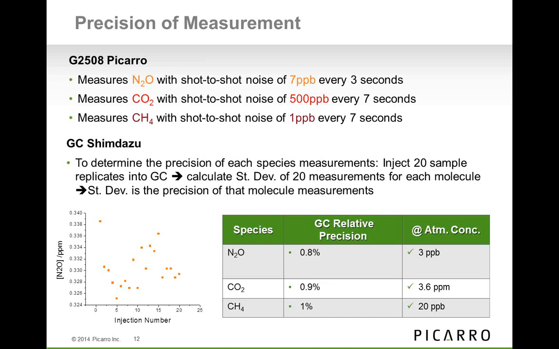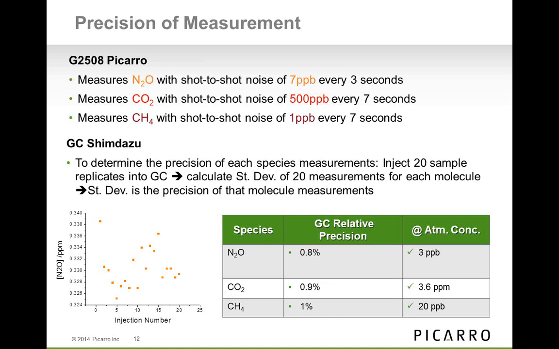And then we can look at how that relates to the G2508, which gives us a measurement at different intervals. If we just took a single measurement for the nitrous oxide, the precision of that one measurement, which is the standard deviation of a small population, is around 7 ppb.